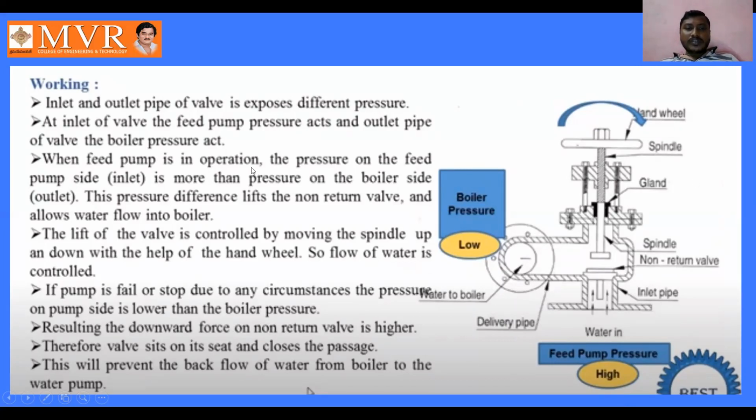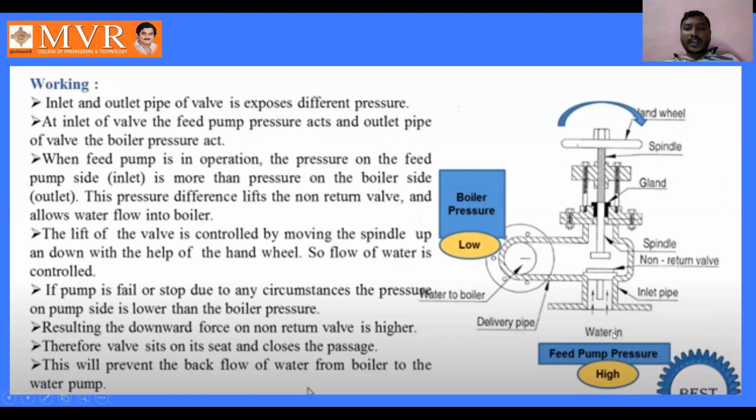When the feed pump is in operation, the pressure on the feed pump side, the inlet, is more than the pressure on the boiler side. When compared with the boiler pressure, the feed pump pressure is higher. The pressure difference lifts the non-return valve and allows water flow into the boiler.